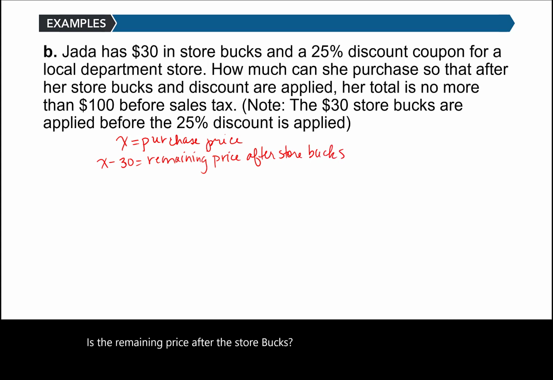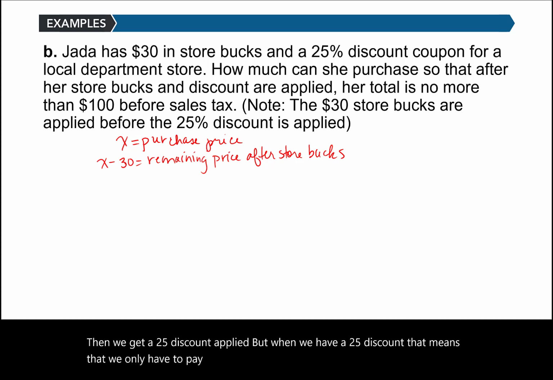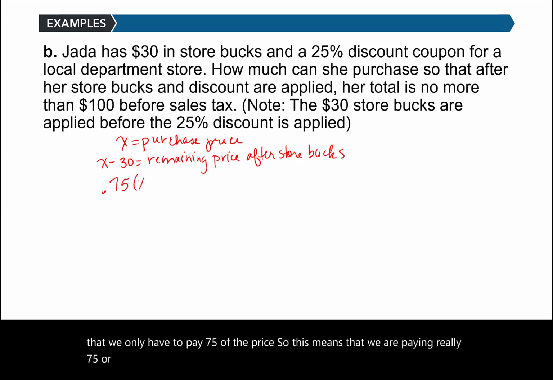Then we get a 25% discount applied, which means we only have to pay 75% of the price. So we're paying 0.75 times (x - 30) as the discounted price.